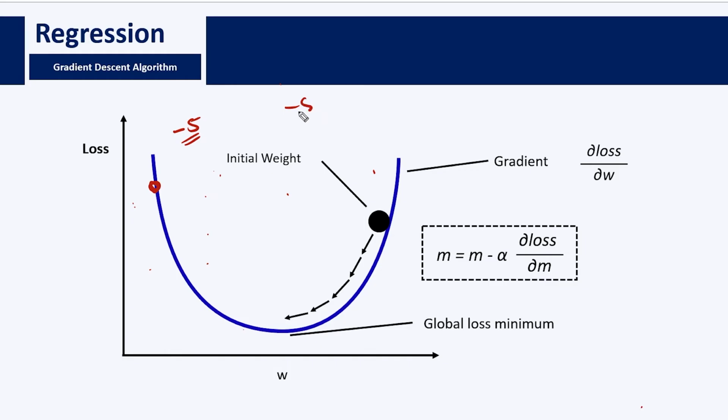So let's take m equals -5 minus alpha, which is 0.01, times the derivative of loss at -5 with respect to slope. Okay. So here we are taking the derivative of loss with respect to slope. So if I take the derivative at this -5 value, I will get a small negative value. So into a small negative value.